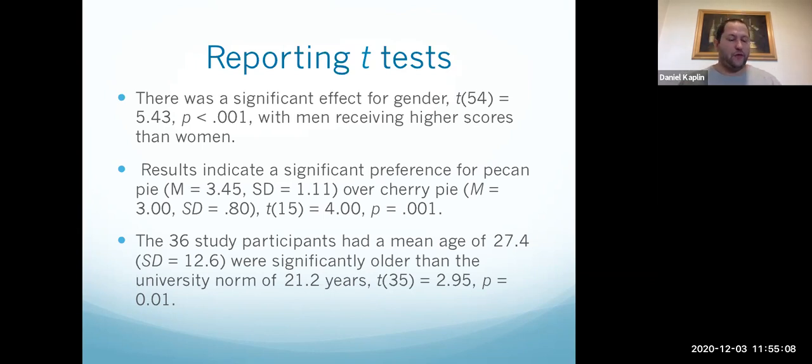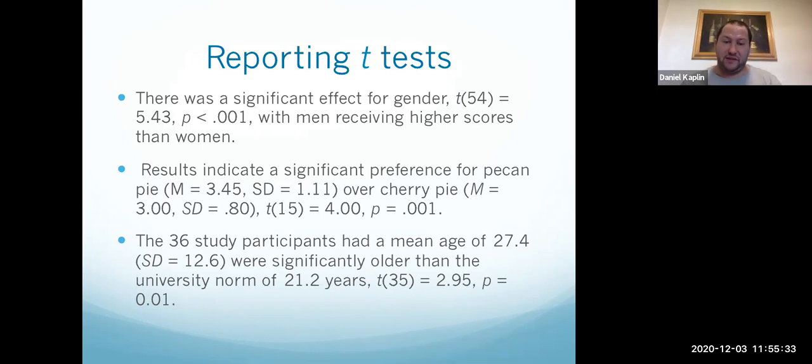And so you go from a 1 to 5, and the average for pecan pie was higher on average than the cherry pie in this particular sample. So the participants ate both pecan pie and cherry pie. So that's what we mean by a repeated measures t-test. They're comparing themselves relative to themselves.